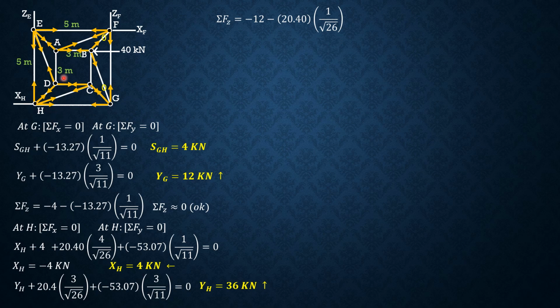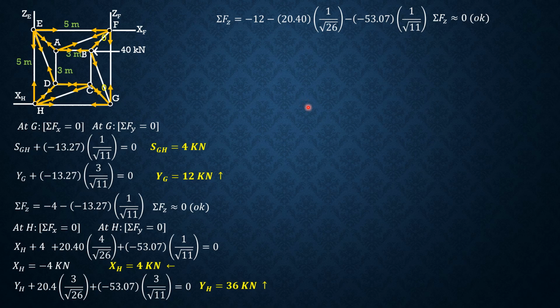Then minus DH, which is negative 53.07 times 1 over square root of 11. Evaluate that, and it's almost 0. So that means it is balanced along Z. So far, all our answers are correct, and they are verified by these static equations.